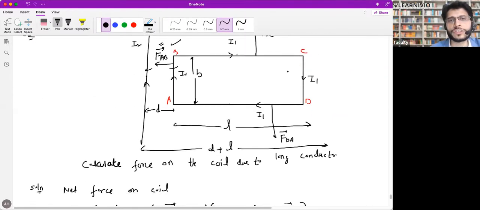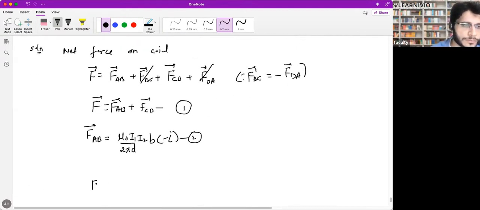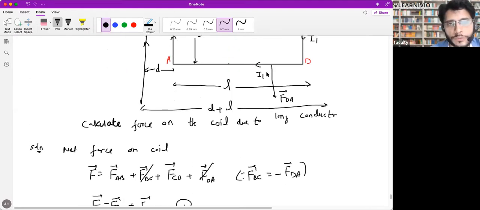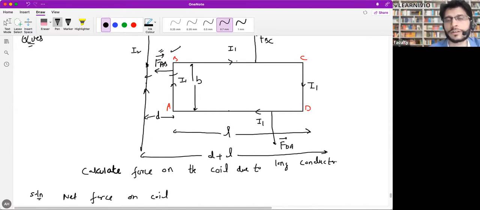Now we need force on this CD conductor. Mariam, can you tell me the expression of force on conductor CD? If you understood this point, then it should be very straightforward. What's the formula for force on CD due to this long conductor?